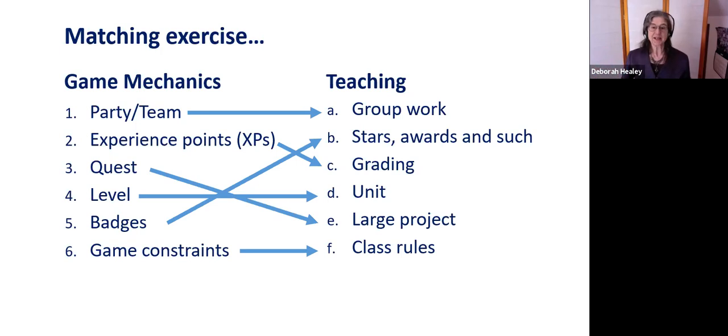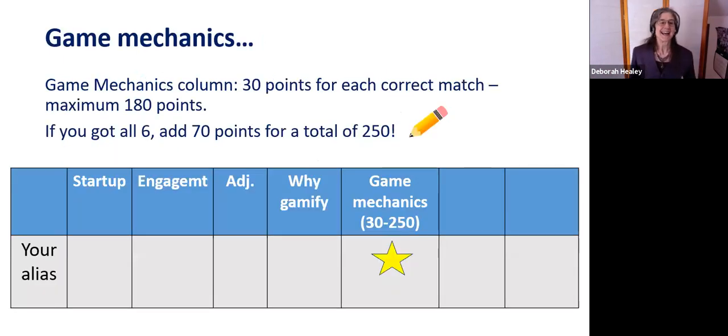And again, remember that XPs count up. Please count how many you got right. And in the game mechanics column, put 30 points for each correct match. That's 180 points, or if you got all 6, add 70 points for a total of 250 points.